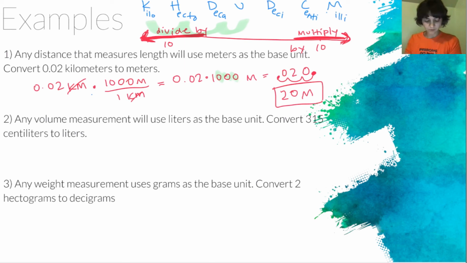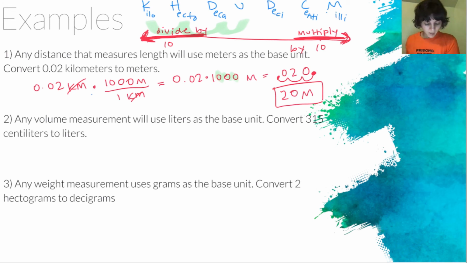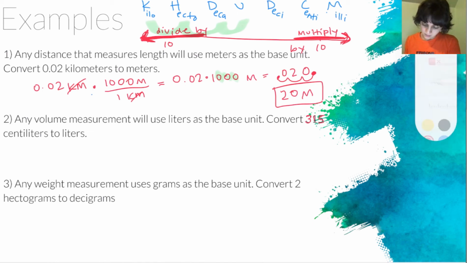Okay. Let's do some more. Hopefully this is a little familiar from chemistry or Algebra 1, but let's keep doing examples. So example 2, any volume measurement will use liters as the base unit. Convert 315 centiliters to liters. Now I'm going from centiliters to liters.